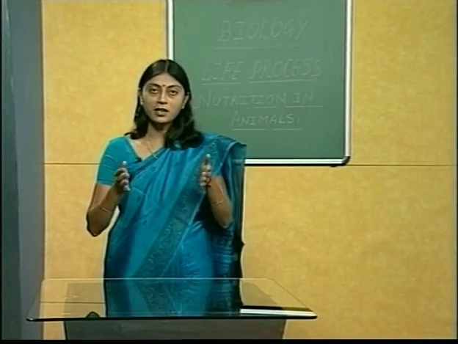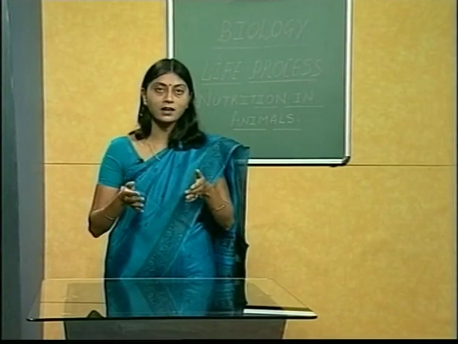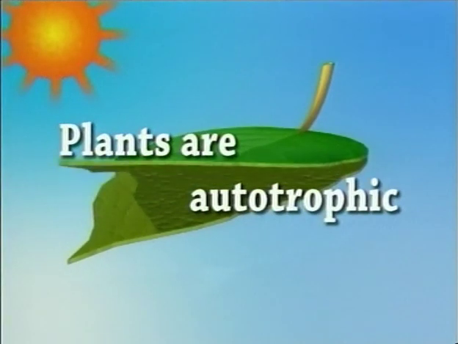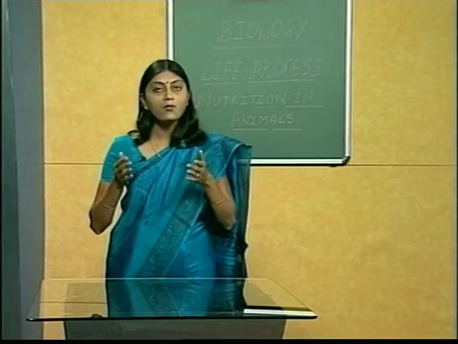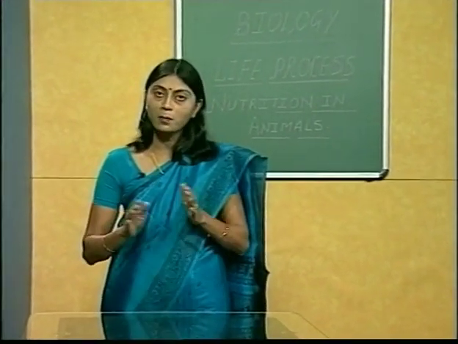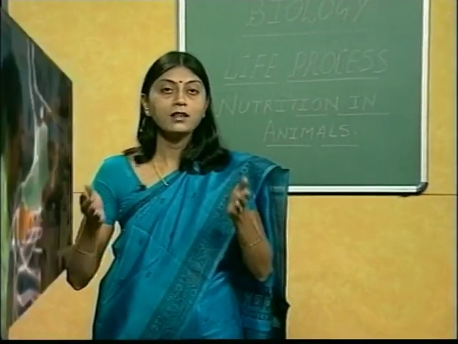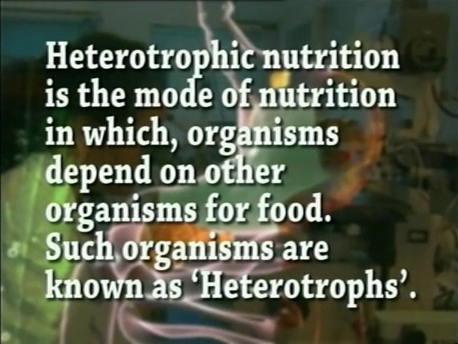In nutrition in plants, we studied that plants are autotrophic. They prepare their own food material, isn't it? Now, we will start with nutrition in animals. You know that animals cannot prepare their own food material. They have to depend on other organisms for food. Therefore, that nutrition is known as heterotrophic nutrition, and the organisms are known as heterotrophs.